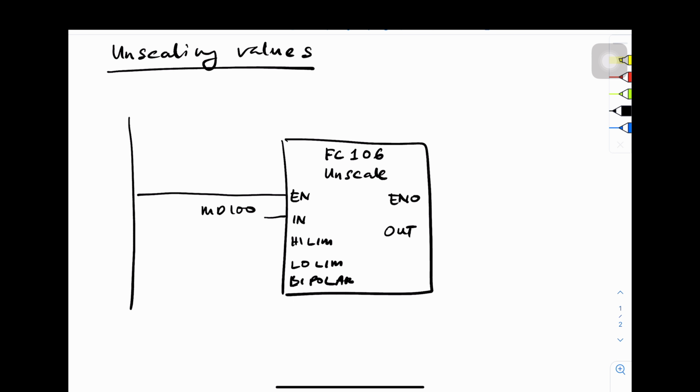The high limit is 100.0, the low limit is 0.0, and for bipolar we are going to utilize the memory bit M0.0.